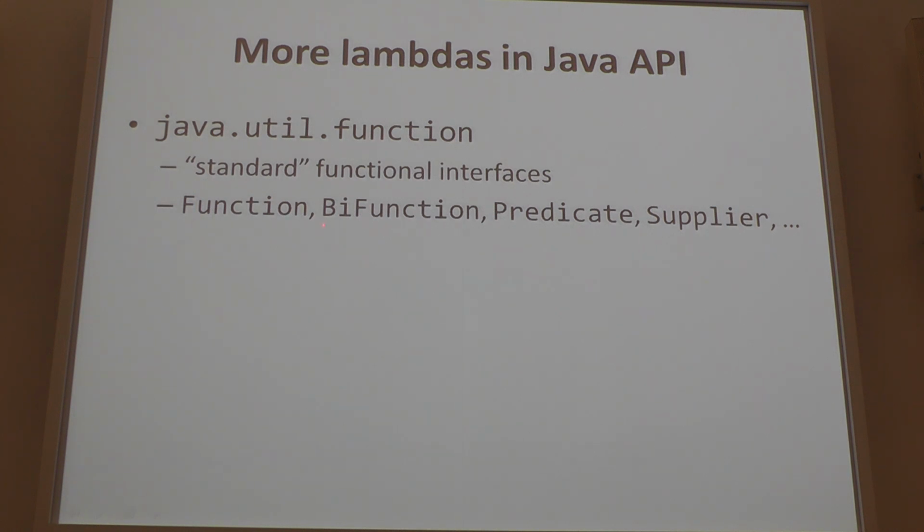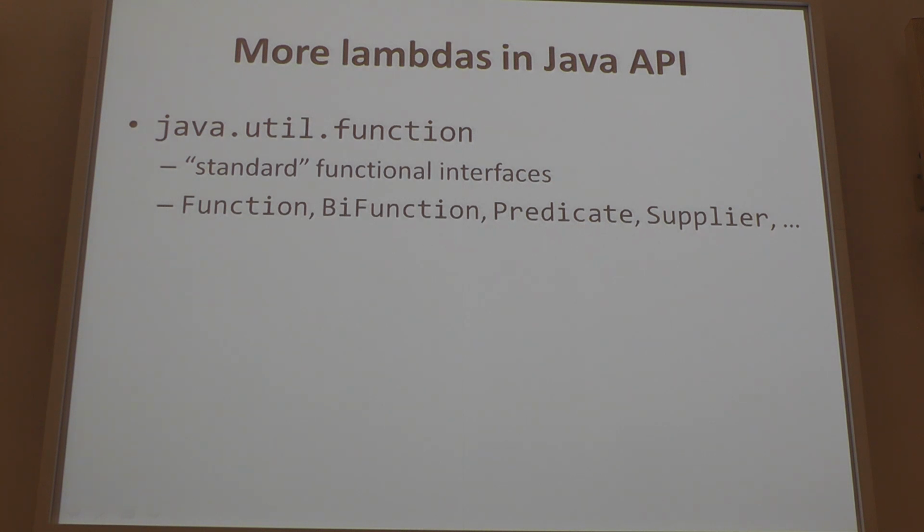You have BiFunction that is basically the same thing as Function2 in Scala, but you don't have Tri-function or Quad-function or anything like that. And you don't really need to use these. Those are just prepared for you, so you don't have to define your own functional interfaces for the common use cases.